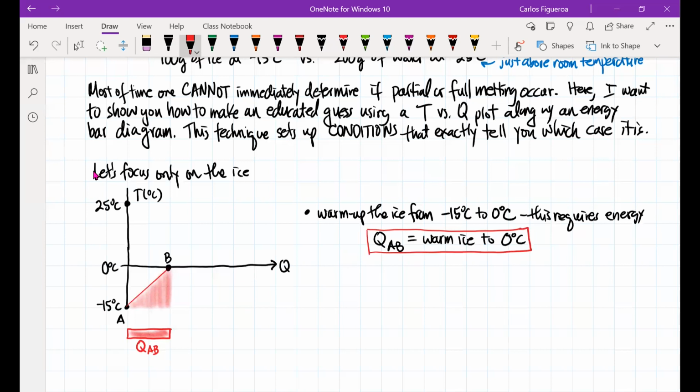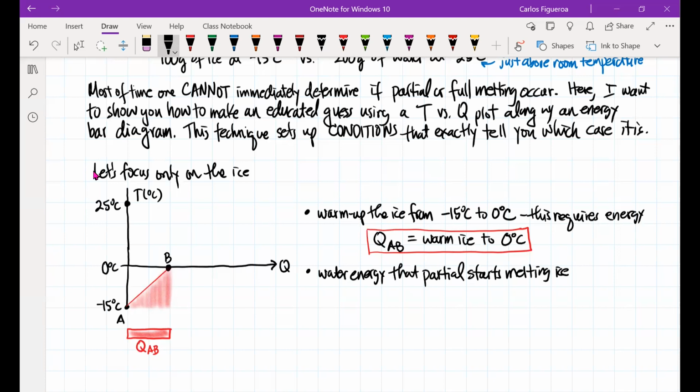Now, the next thing that has to happen is that I now have to start melting. So now when I get here, you have water energy that partially starts melting ice.